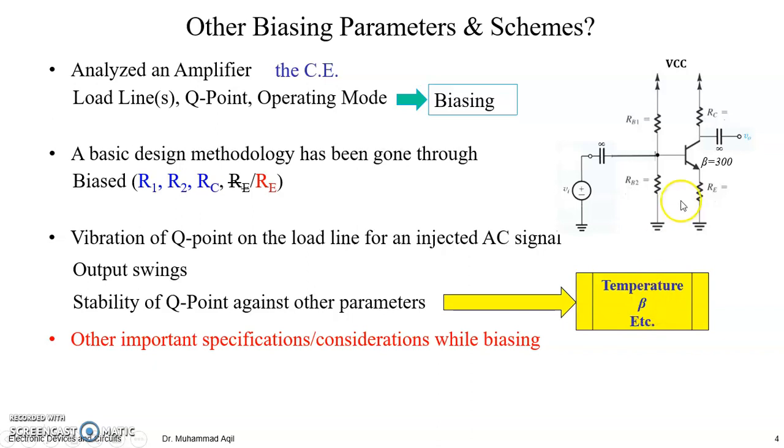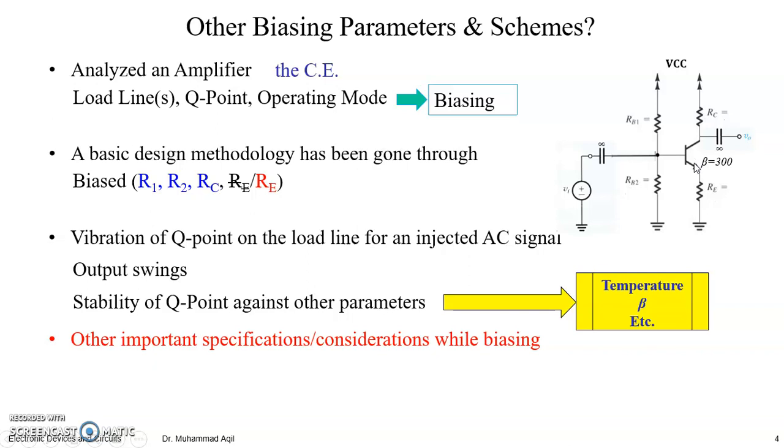Variation in beta. For example, you have designed a transistor based amplifier, right? You set a transistor beta equal to 300. You plug in the transistor and go on. And if this transistor burned out, then you can replace the transistor, right?